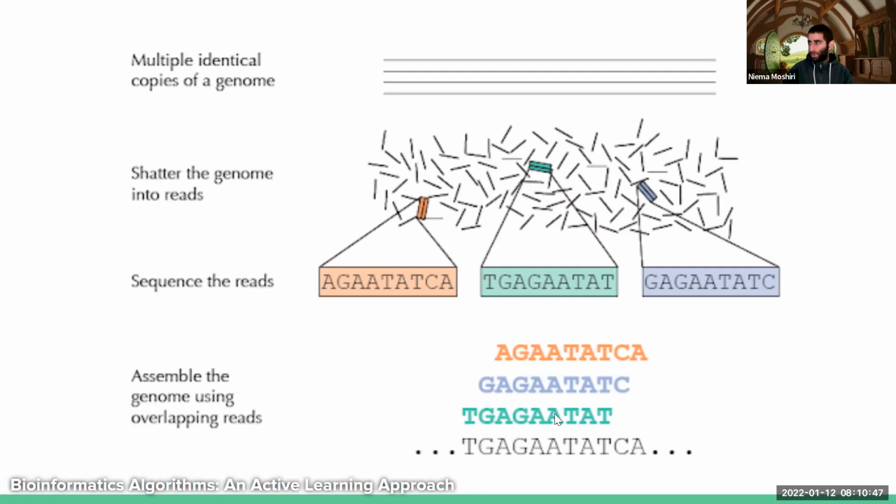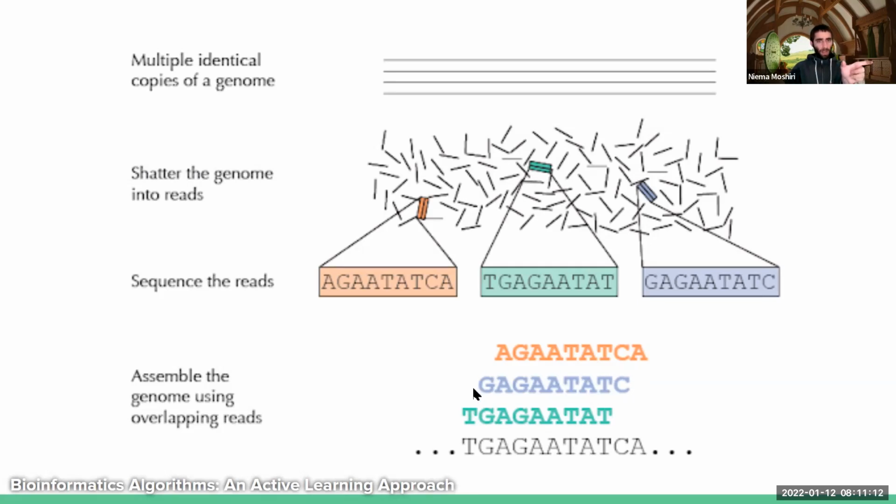Just like with our original newspaper problem, what we're doing is looking for overlaps between our fragments. Here we have this red fragment, this green fragment, and this blue fragment, and you'll notice that they have this relationship in terms of their overlaps. I can piece them together by saying, oh, the suffix of this green fragment is identical to the prefix of this blue fragment.